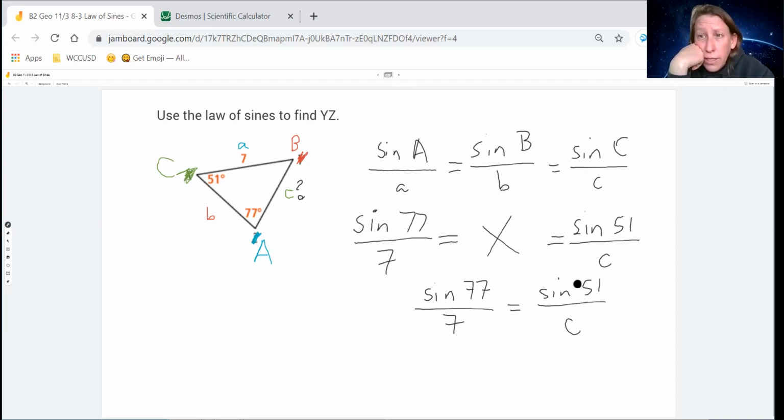A really clean way to do it is something called cross products. Or you can use other algebra skills of multiplying both sides by 7, dividing both sides by 51. That would also work. I'm going to use cross products, so I'm going to do C times the sine of 77. That's just a weird decimal. You don't have to worry about it. And then I'm going to do 7 times the sine of 51.